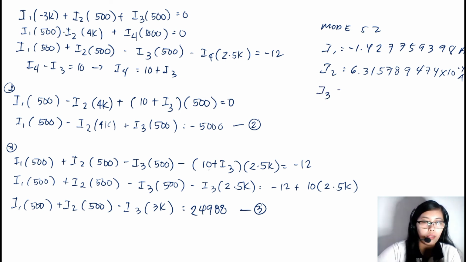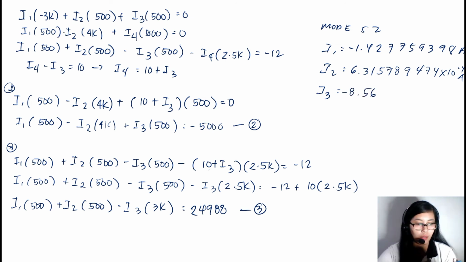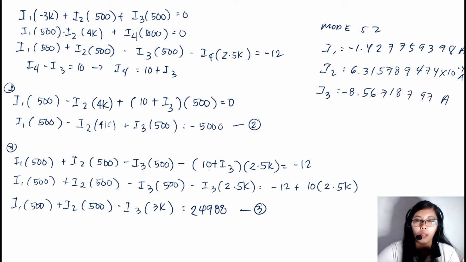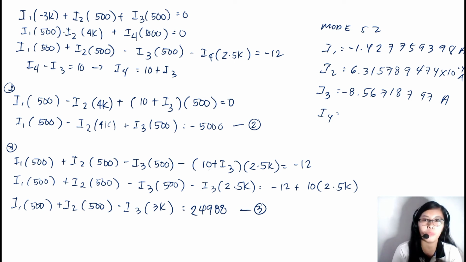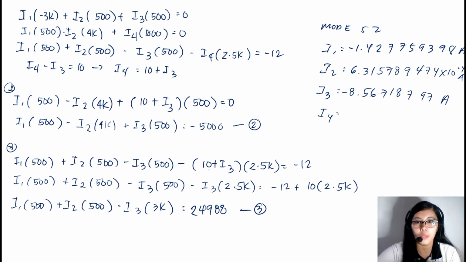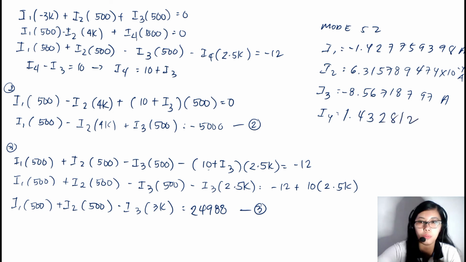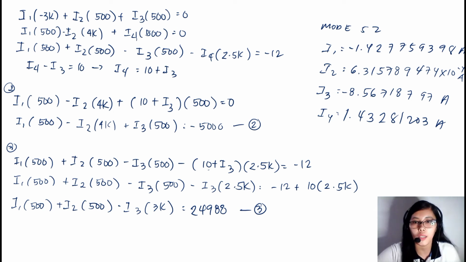And our I3 is equal to negative 8.56718797 ampere. Then to solve for I4, of course, I4 is equal to 10 plus I3. So let's compute 10 minus 8.56718797, or I can just use 2 to 3 decimals. So our I4 is 1.43281203 ampere.